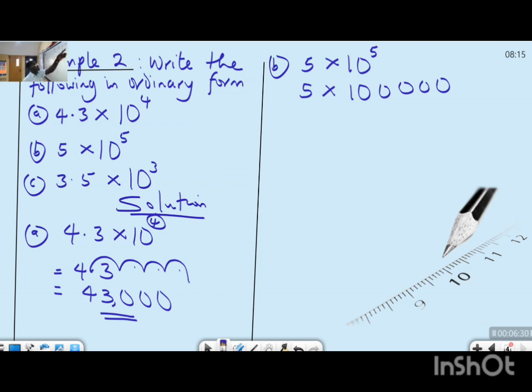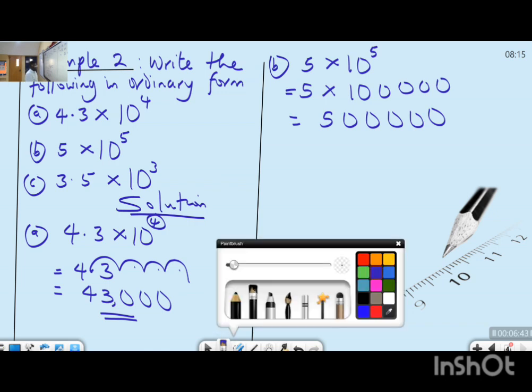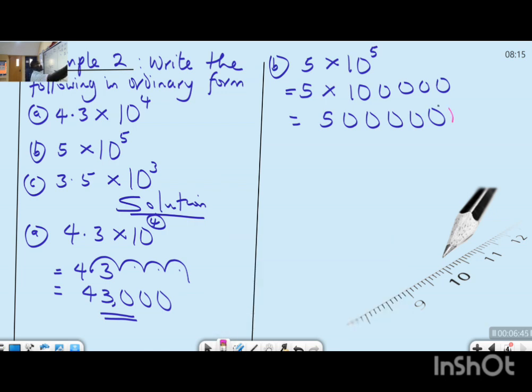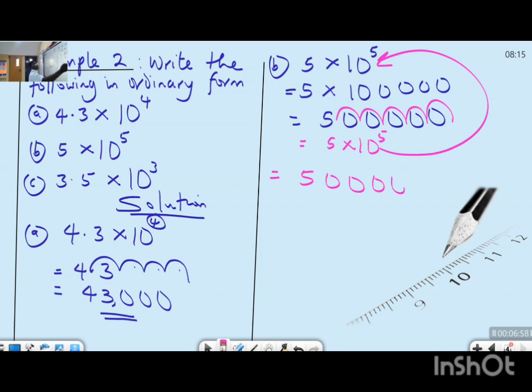So 5 times 1 is 5, then we have 5 zeros: 1, 2, 3, 4, 5. So we have expressed this in ordinary form. If you want to express this back to scientific notation, we start from the back and count 1, 2, 3, 4, 5. This is 5 times 10 raised to the power of 5. In ordinary form, our answer is 5 and then 5 zeros. I hope that is clear.